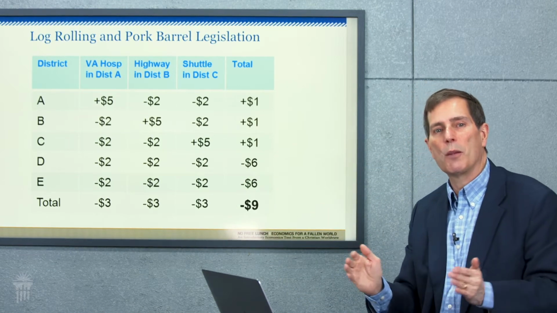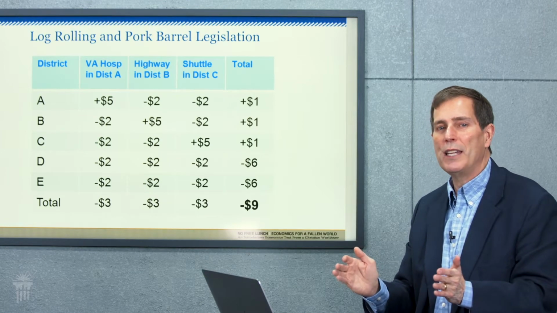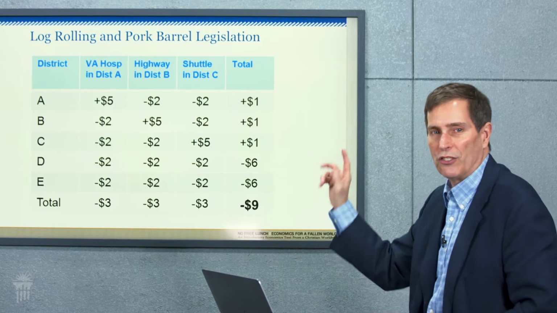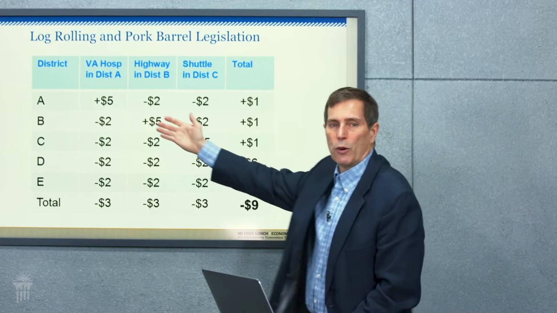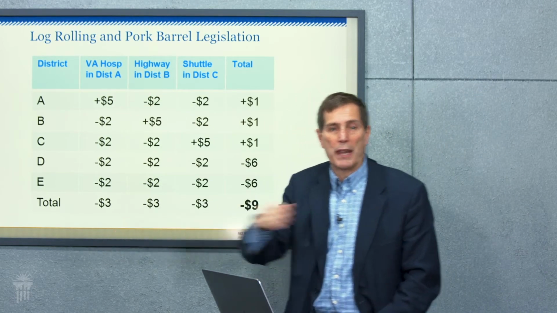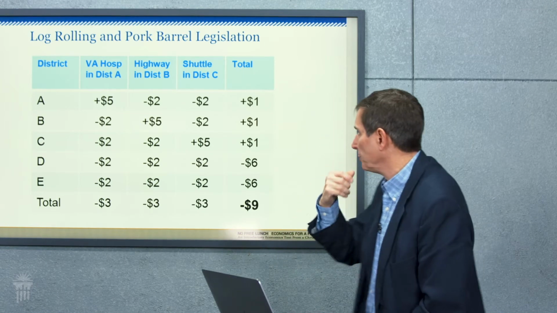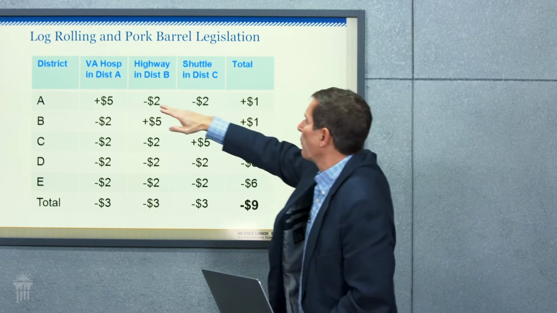Because you only need to get a majority to vote for it. Does not mean that all equally benefit. This example is just a numerical example to illustrate this. So in my hypothetical example, I have 5 congressmen and women that are involved in this. And we have 3 projects.